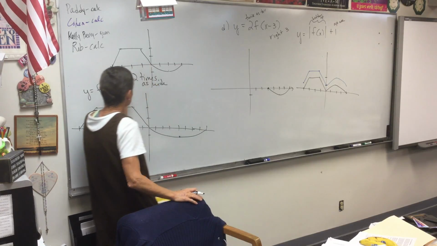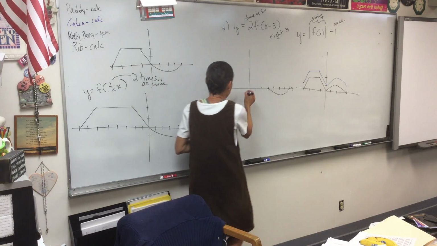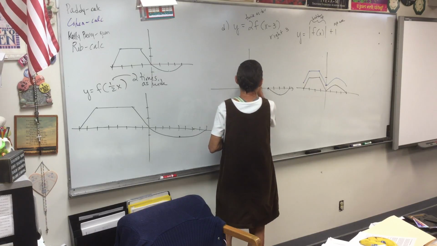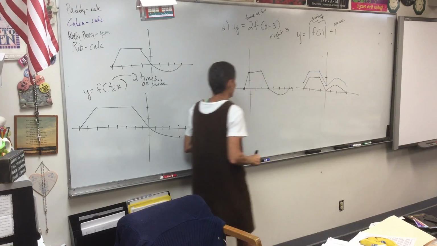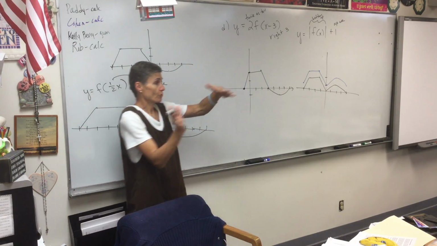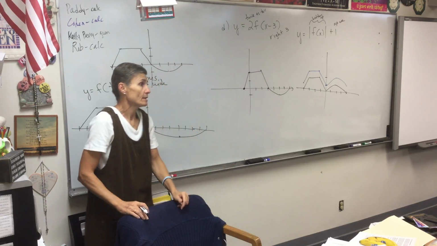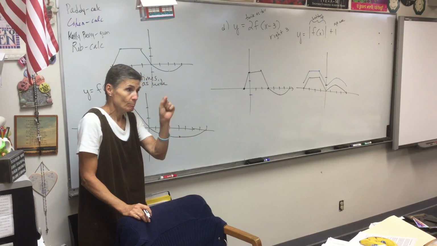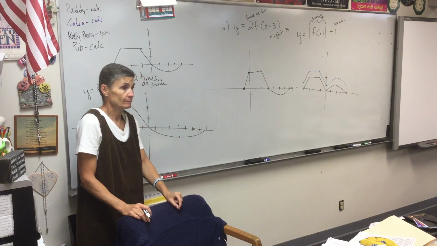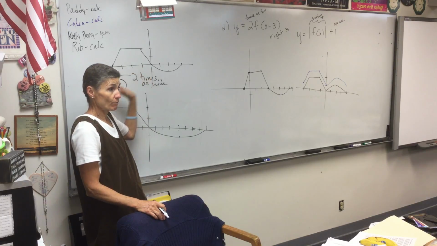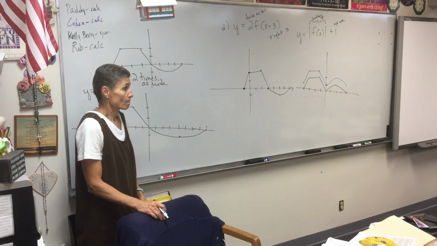And then my trapezoid is going to end right here. There we go. Everything got moved 3 units to the right. So you just count blocks on your paper. Move it all over 3. So if it was at -4, now it's at -1. Everything gets moved 3.